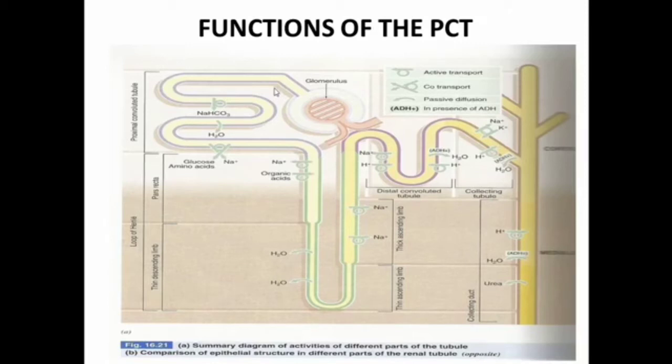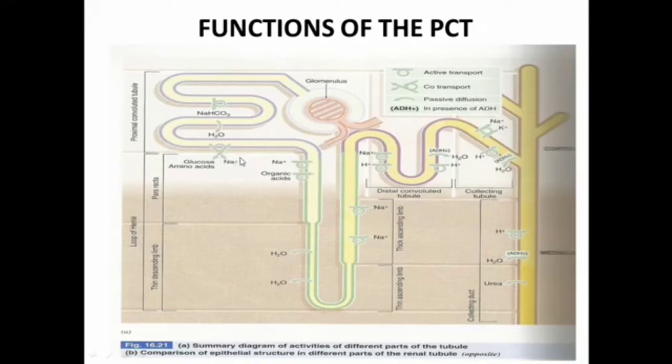Okay, now what happens to the amino acids or the proteins? These amino acids can be reabsorbed into the interstitium from the glomerular filtrate. They pass through the cells into the interstitium, and then from the interstitium they are taken up by the peritubular capillaries.